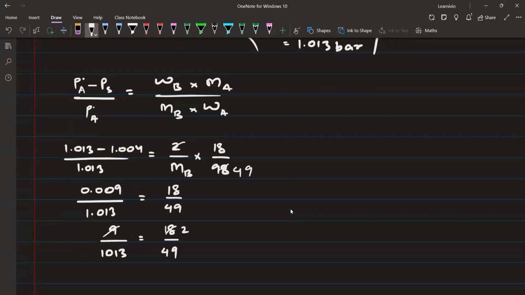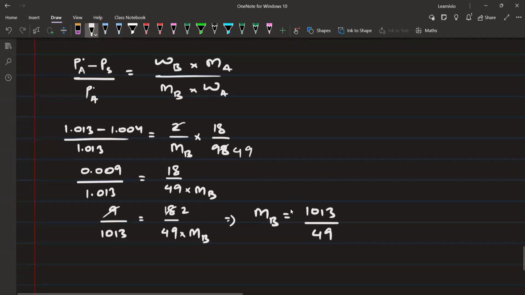Where is the MB part? Here MB should be there with the 49, right? I forgot the MB. So MB will be equal to 1013 divided by 49. MB goes to the numerator, and 1013 goes to the numerator. And you will approximately get how much? Close to 40, I guess, a bit more than 40.